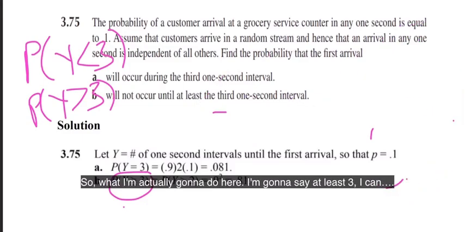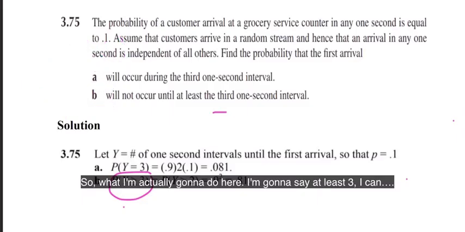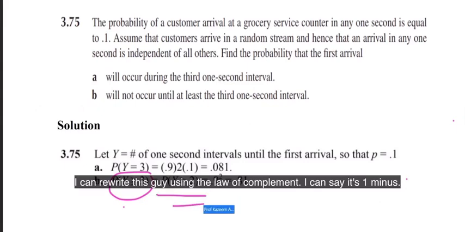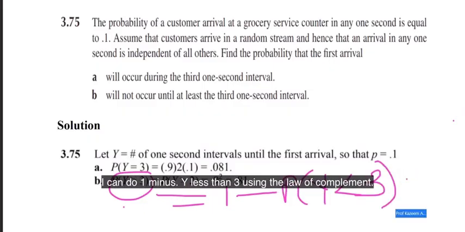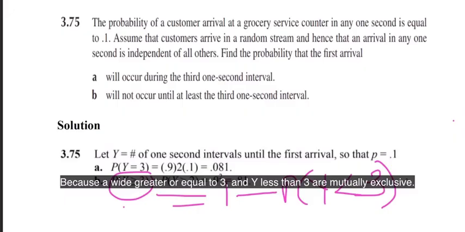When I say at least 3, I can rewrite this using the law of complement. I can say it's 1 minus the probability of y less than 3, because y greater or equal to 3 and y less than 3 are mutually exclusive.